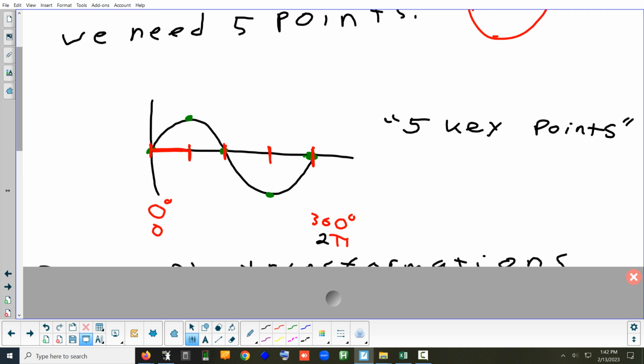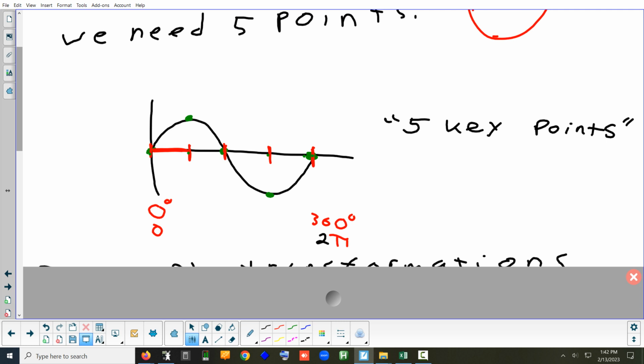Yeah, 90. Each section is worth 90 degrees: 0, 90, 180, 270, 360. Those values mark the quarter points: 0, first quarter, second quarter, which is half, third quarter, and then the fourth quarter, which is the whole cycle.